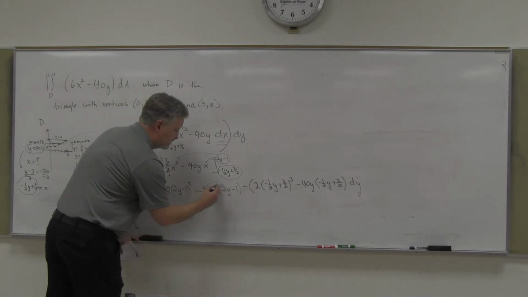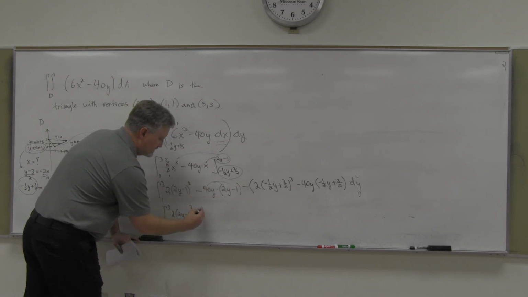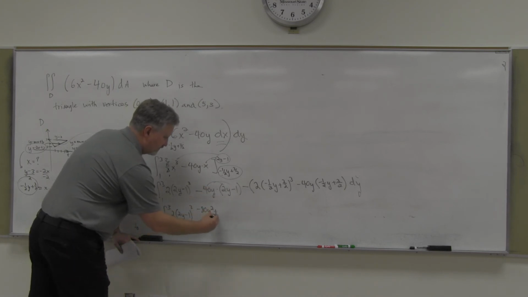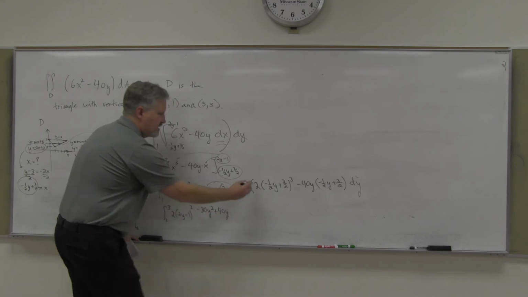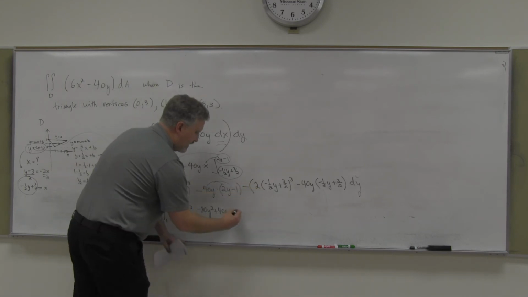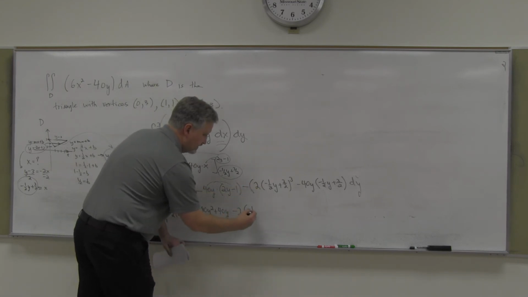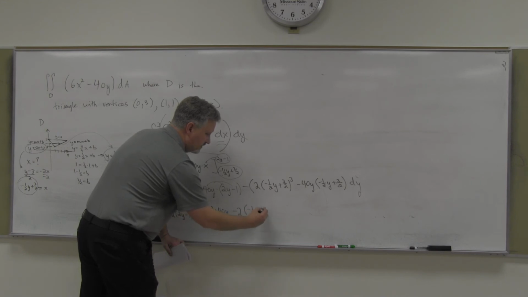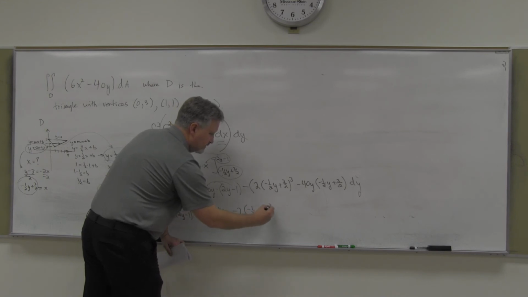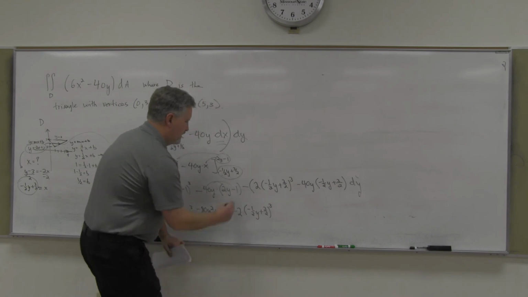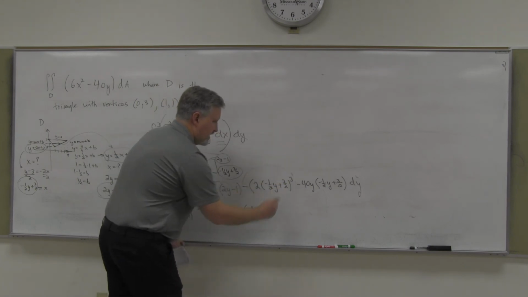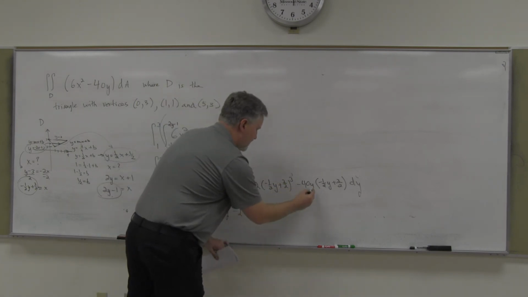Now here I would go ahead and distribute, that's minus 80y squared plus 40y. Same thing here. I'm just going to leave that as minus 2 times negative 1/2 y. Instead of cubing that out, I can just do a u substitution on that. Now this minus goes with that, so it would be 40y positive times that.